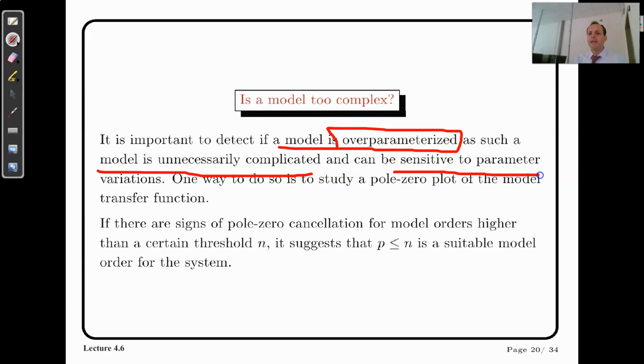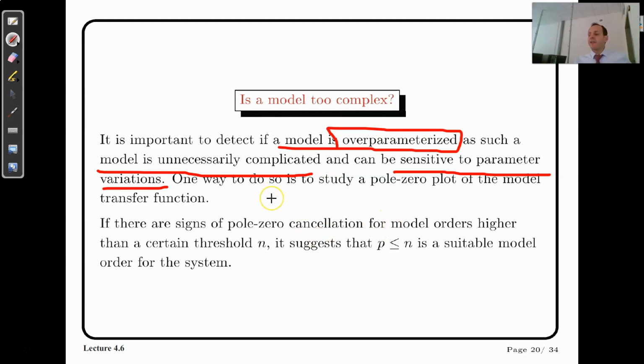So it can be more sensitive to parameter variations. This should be clear, because if it contains too many parameters, and there are some uncertainties affecting these parameters, and the model is additive, so the uncertainty enters the model, you have a more sensitive effect to the parameter variations and uncertainties.